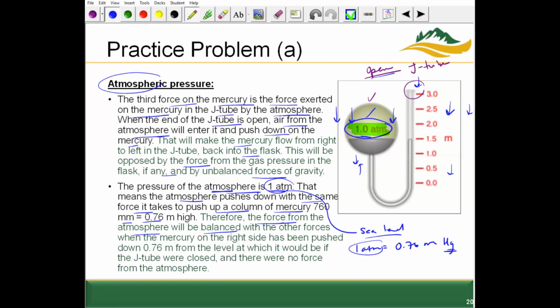So the force from the atmosphere will be balanced with the other forces when the mercury on the right-hand side has been pushed down 0.76 meters from the level at which it would be if the J tube were closed, and if there are no other forces from the atmosphere aside from this 1 atmosphere pressure.